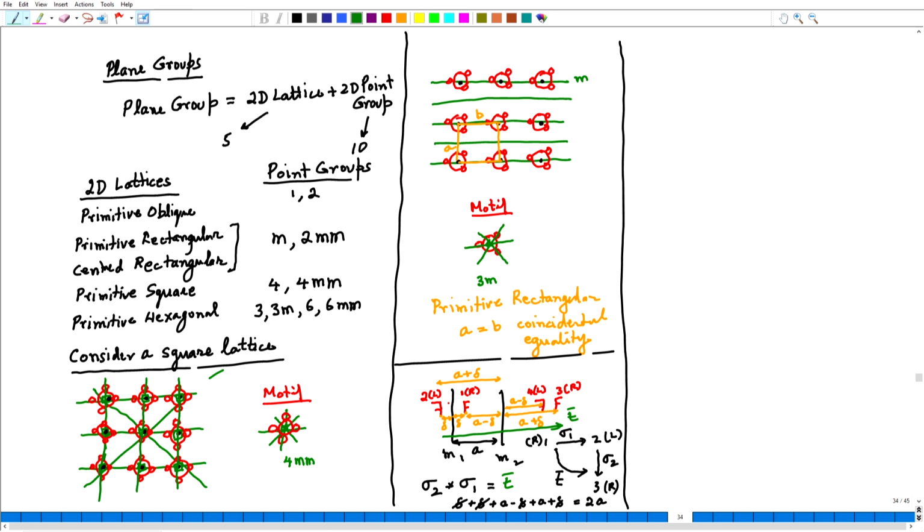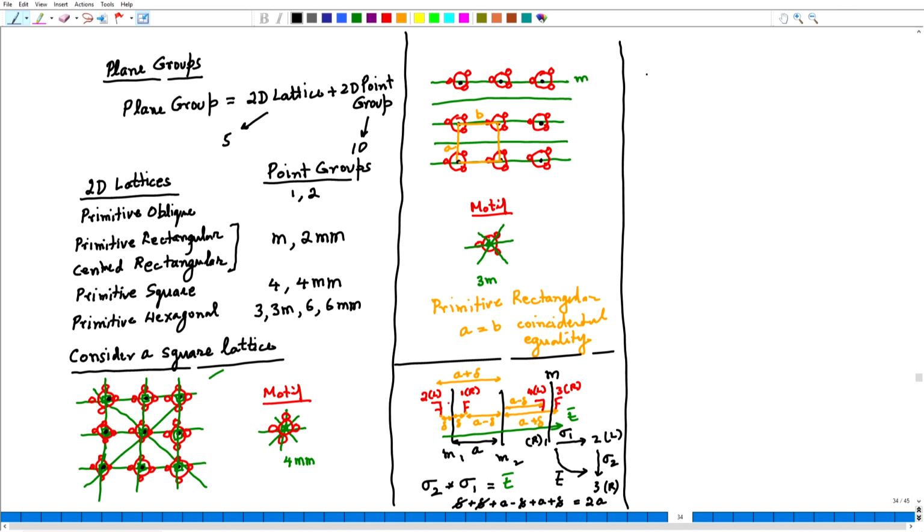You will notice that there would also be a mirror that comes here, and this mirror is basically being translated by this particular translation.